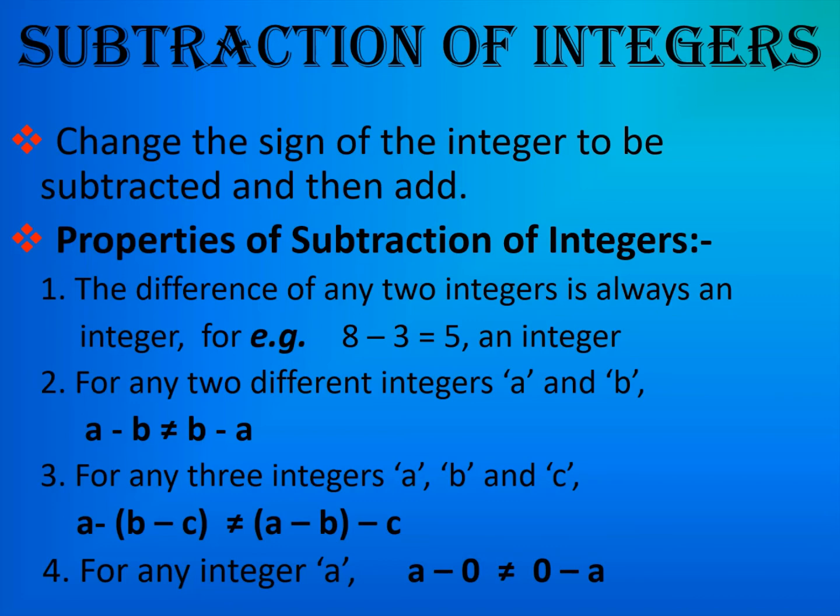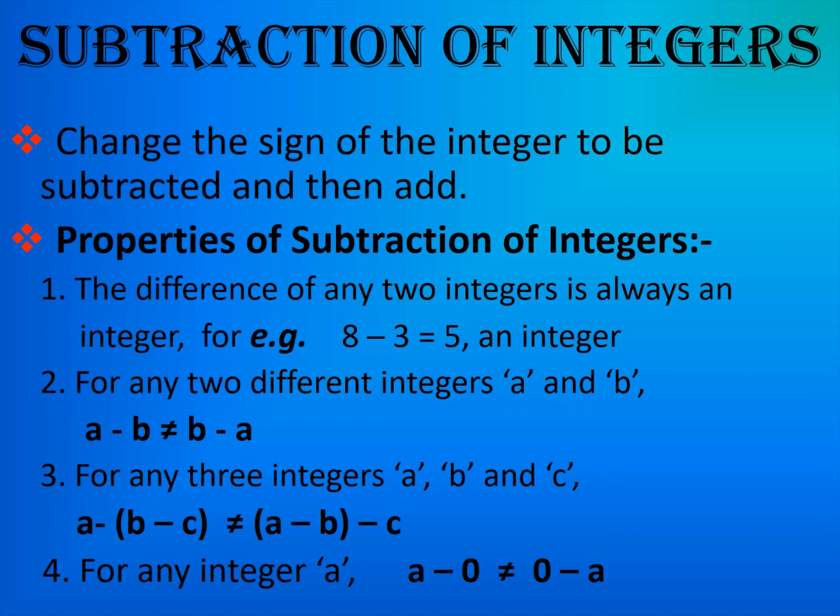First, the difference of any two integers is always an integer. Second, for any two different integers a and b, a minus b is never equal to b minus a.